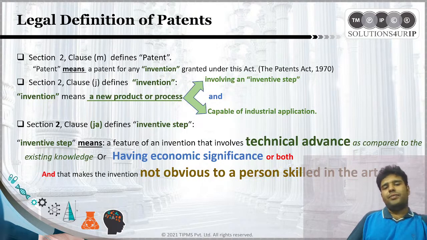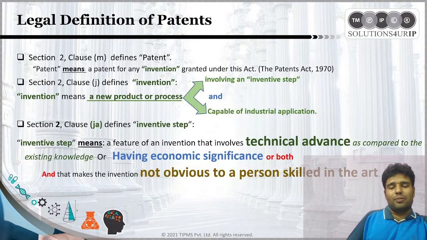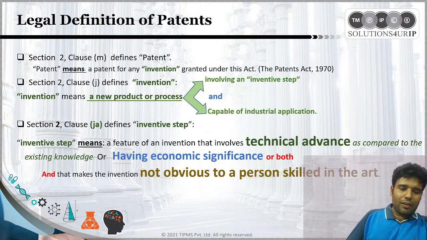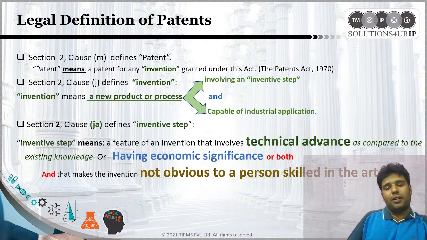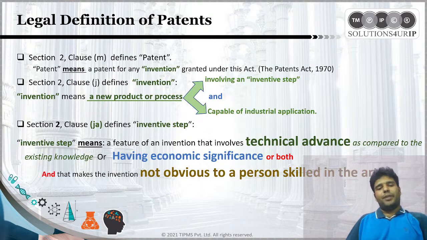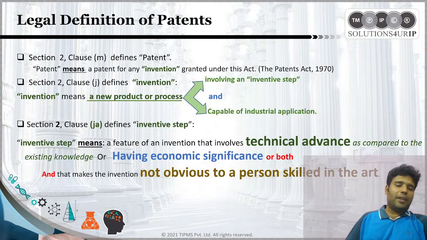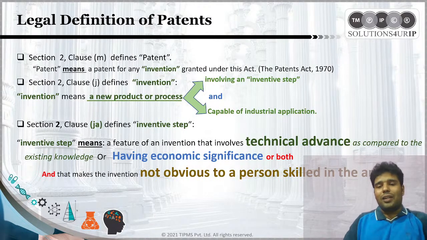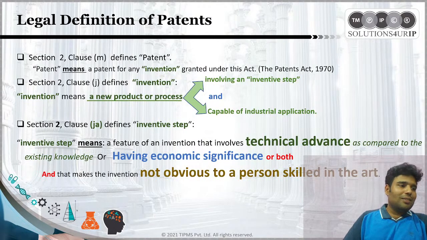Going further, what are the additional features that the product or process needs to satisfy? The new product or process must involve an inventive step. Innovative? No, not innovative. Don't confuse. Inventive step.